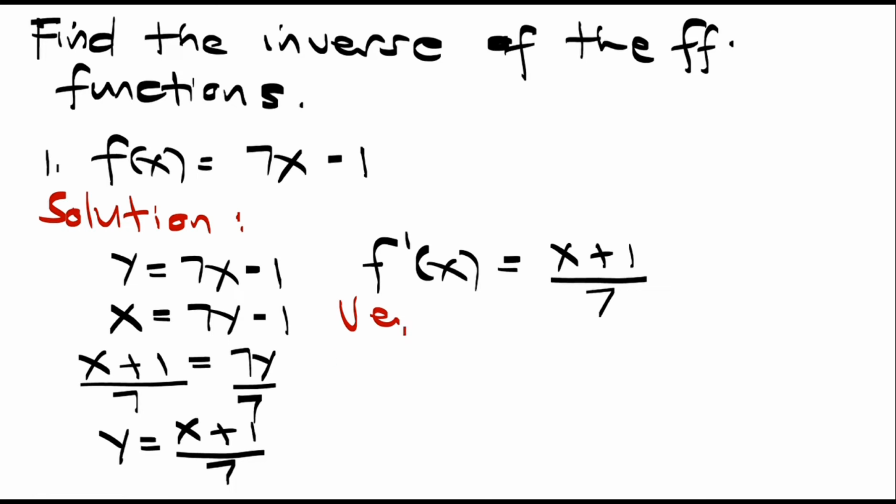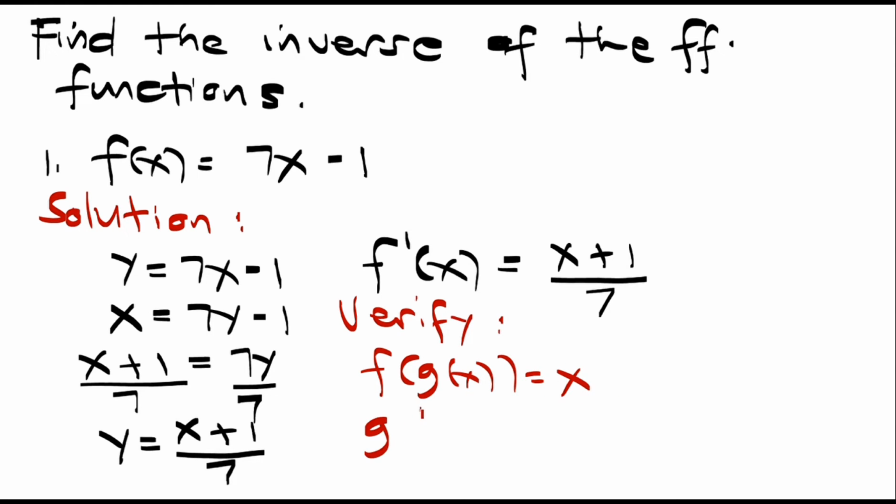Again, verify that f of g of x equals x and g of f of x also equals x. So let the original given function be our f of x, and then the inverse be g of x.